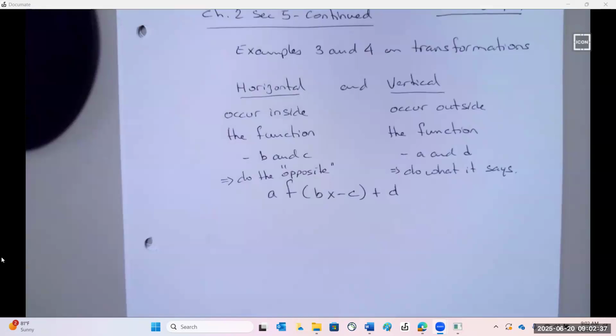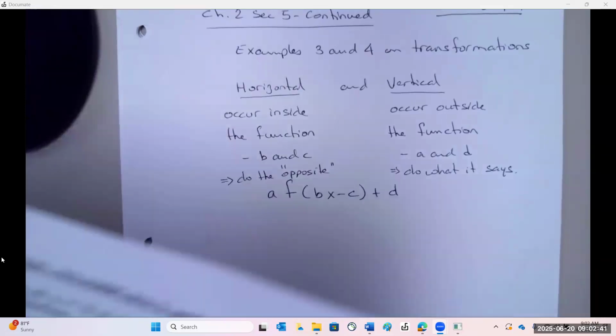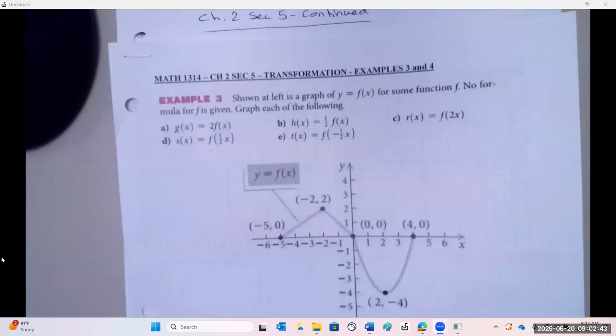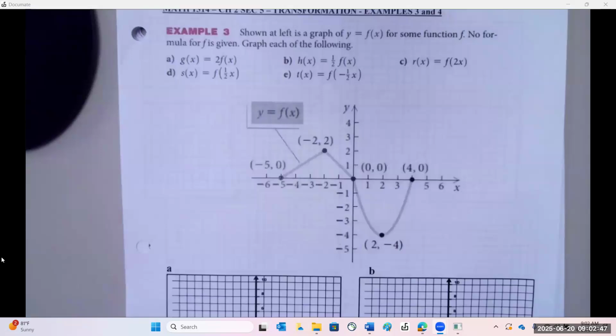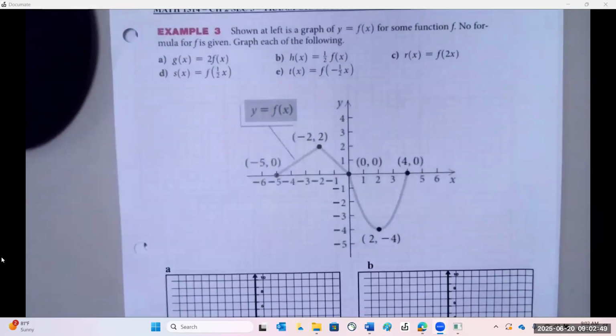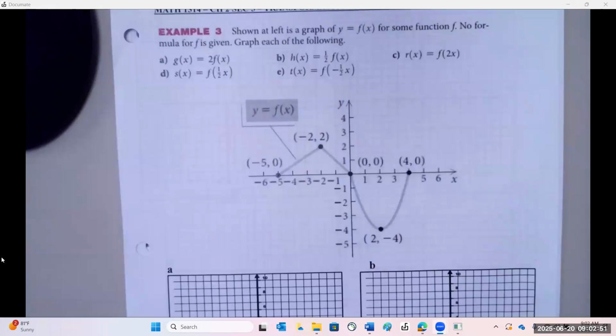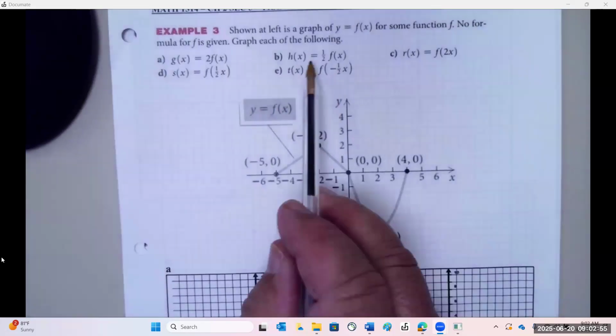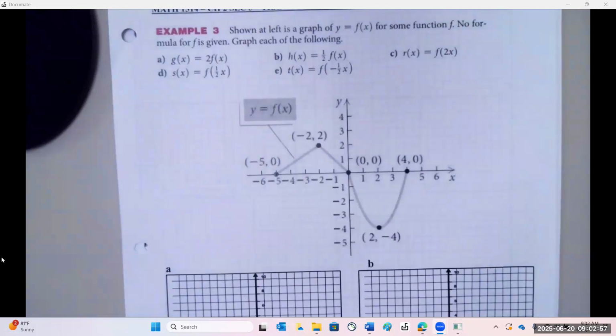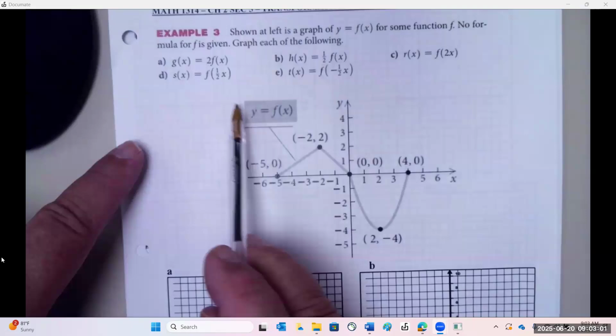So far, so good. So if you get the sheet that I gave you, we're going to look at this. Here is our function. Here are the 5 changes we're going to do. We're going to redraw the graph according to these transformations.